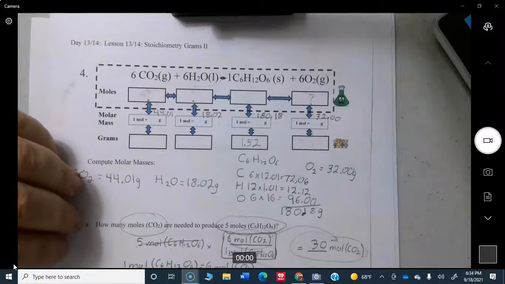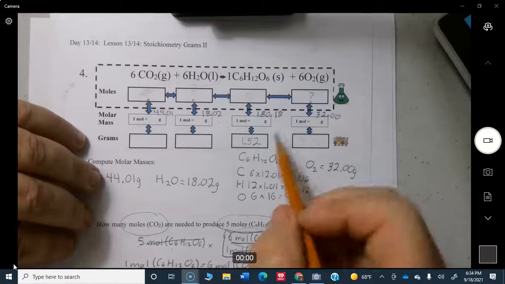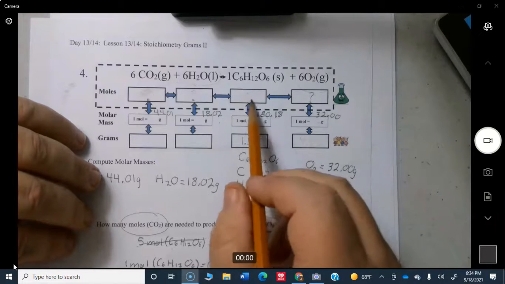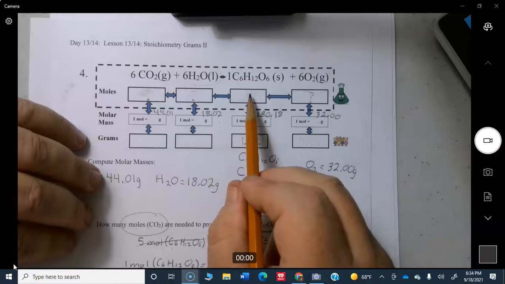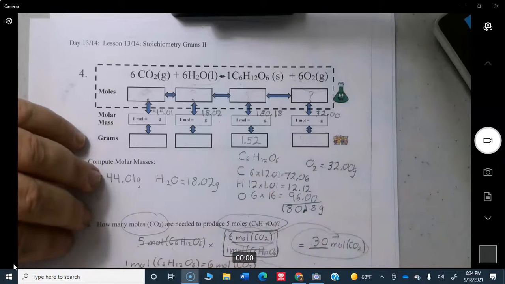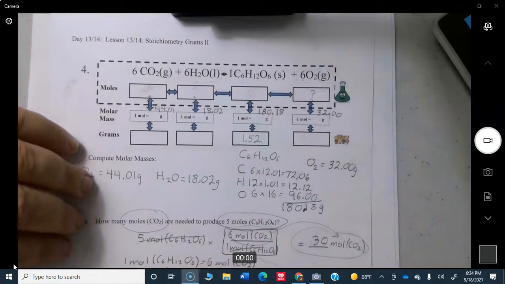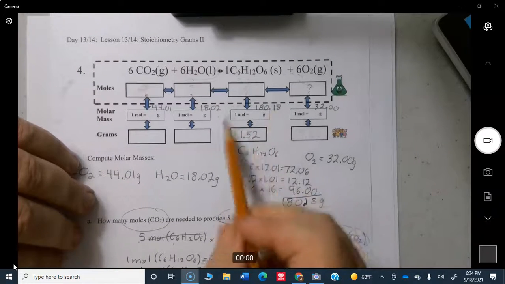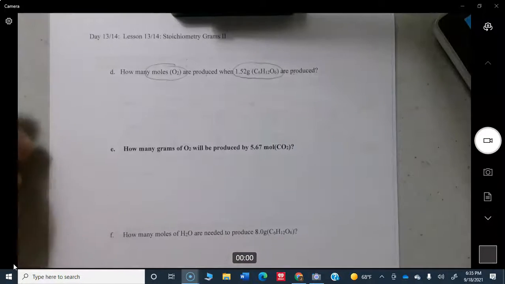1.52 grams of sugar. So we're going to use the molar mass of the sugar, 180.18, to figure out the moles of the sugar, and then the relationship between the moles of the sugar and the moles of the O2 will give us our final answer. All right, so our first conversion, first equivalency, is the molar mass, so we'll go ahead and write that down here.